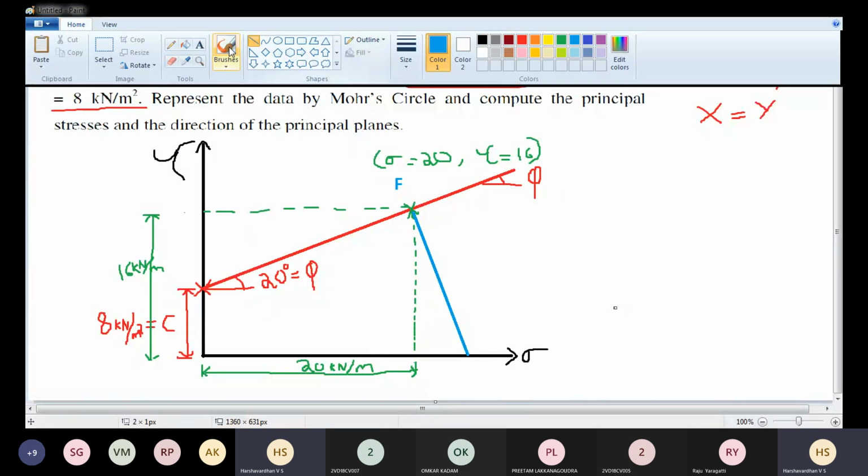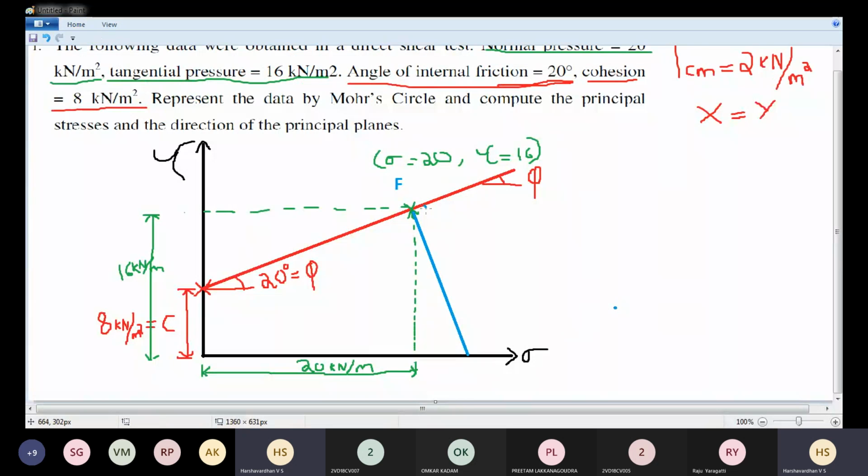So this is 90 degrees perpendicular. From point F, that is the failure point 20, 16, I'll drop a perpendicular and I will get point C. So C is the center point.